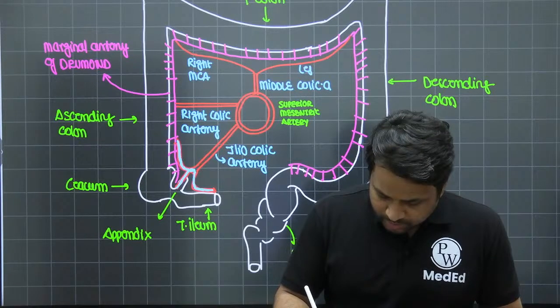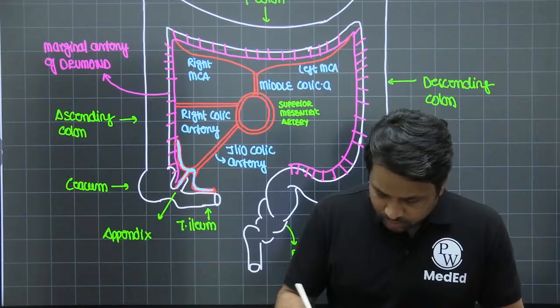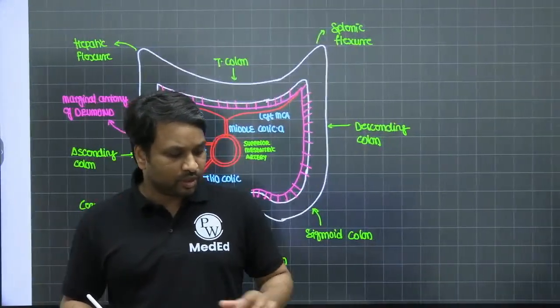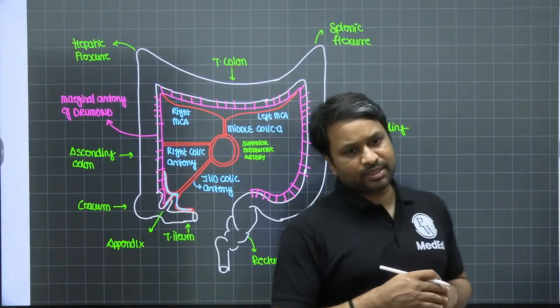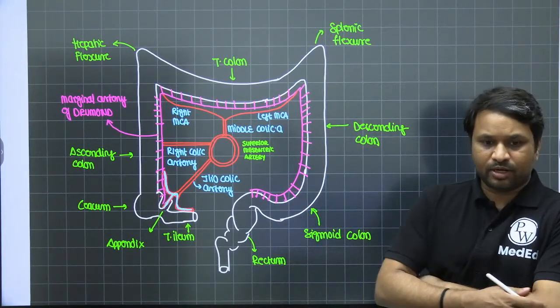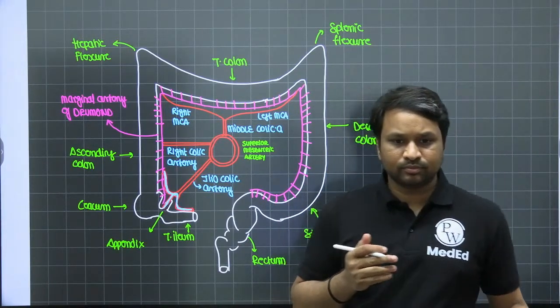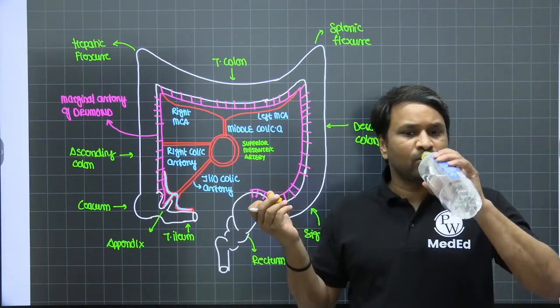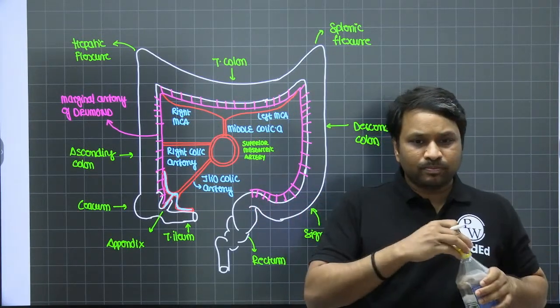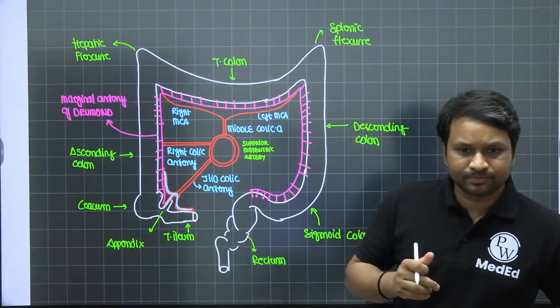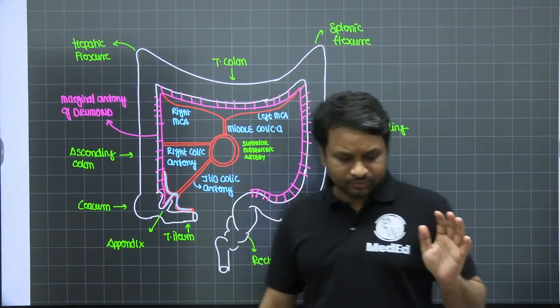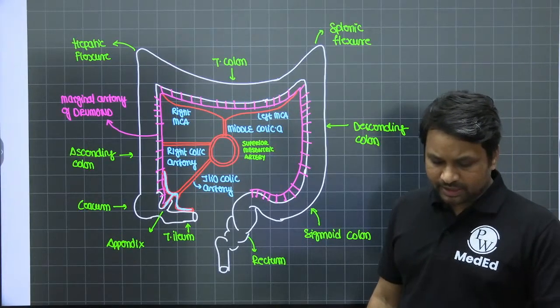This happens to be your left middle colic artery, right? So these are all the branches that you can see of your superior mesenteric artery. So this is the principal blood supply that exists.